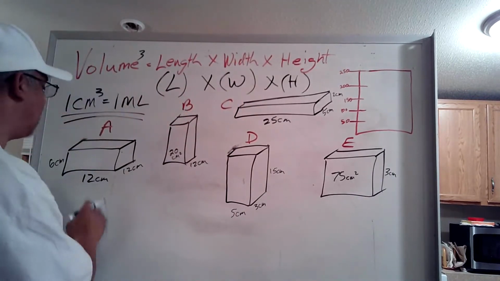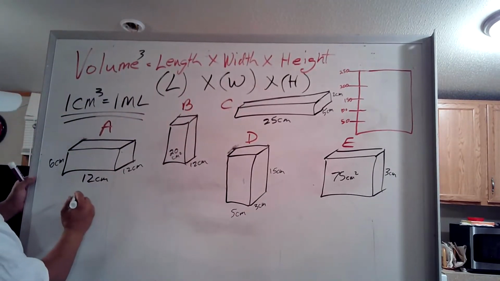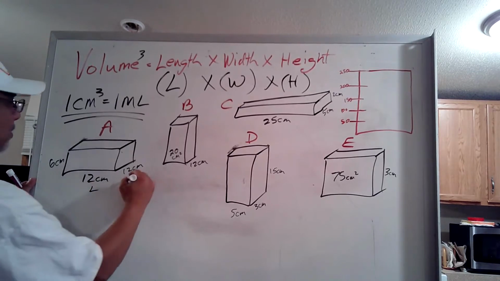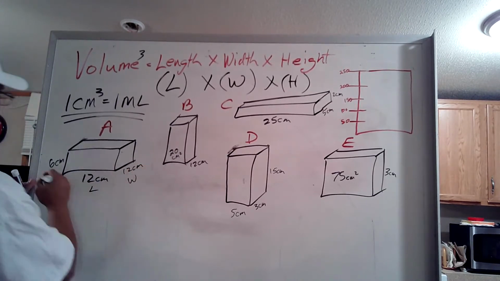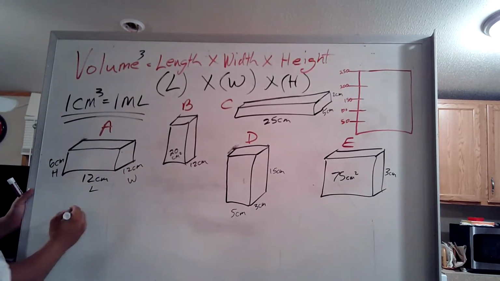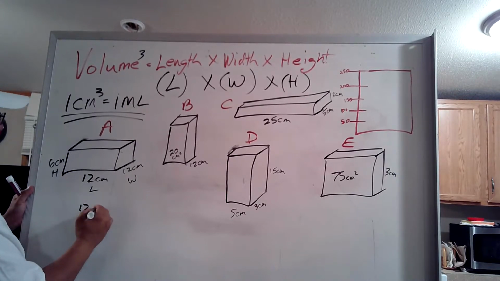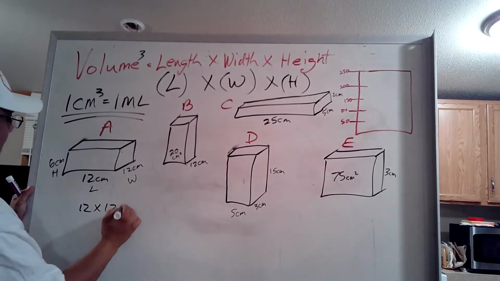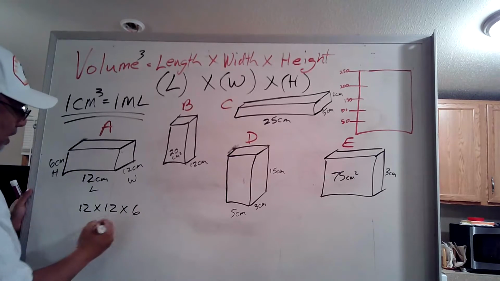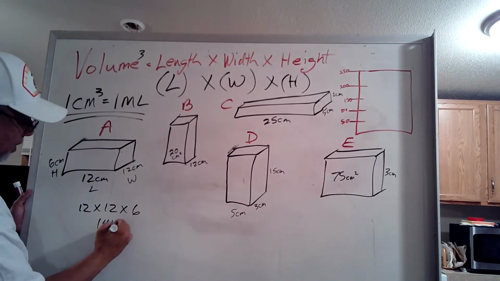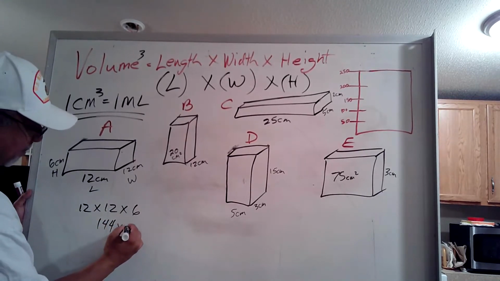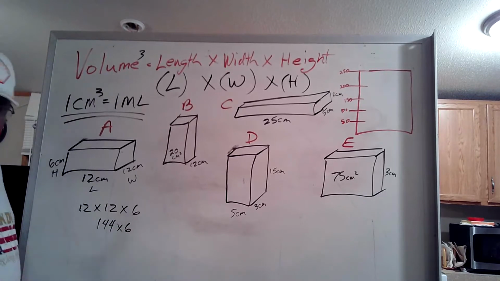Because of the commutative property of multiplication, this is going to be my length, my width, my height. So I would say 12 times 12 times 6. Well, 12 times 12 is 144, if we remember. If you want to crunch the numbers, then you can.